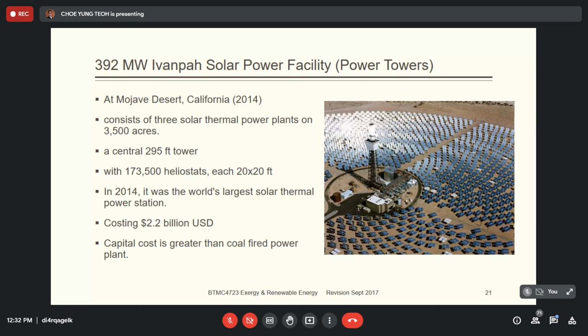Okay, but in year 2011, this Ivanpah solar power facility was completed in year 2014, but the construction started in year 2010. Okay, 2010. But in year 2011, Google said that they don't want to invest in this facility anymore.